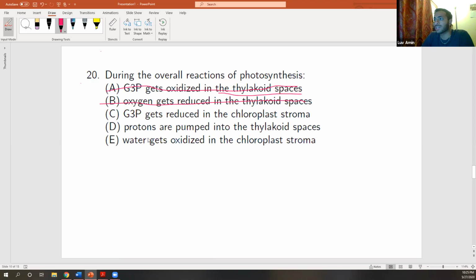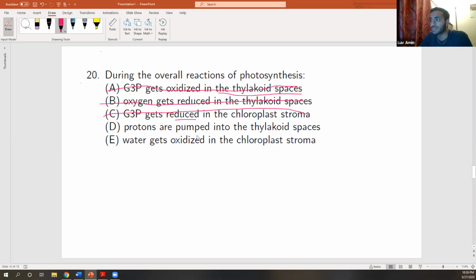That wouldn't work in this case because if it were to get reduced, it would probably get reduced in the cytoplasm of the cell, right? Because that's where you can reduce G3P and combine it to make glucose. If anything, if this sentence said carbon dioxide gets reduced in the chloroplast stroma, that would make a lot more sense, right? So that wouldn't be the case.